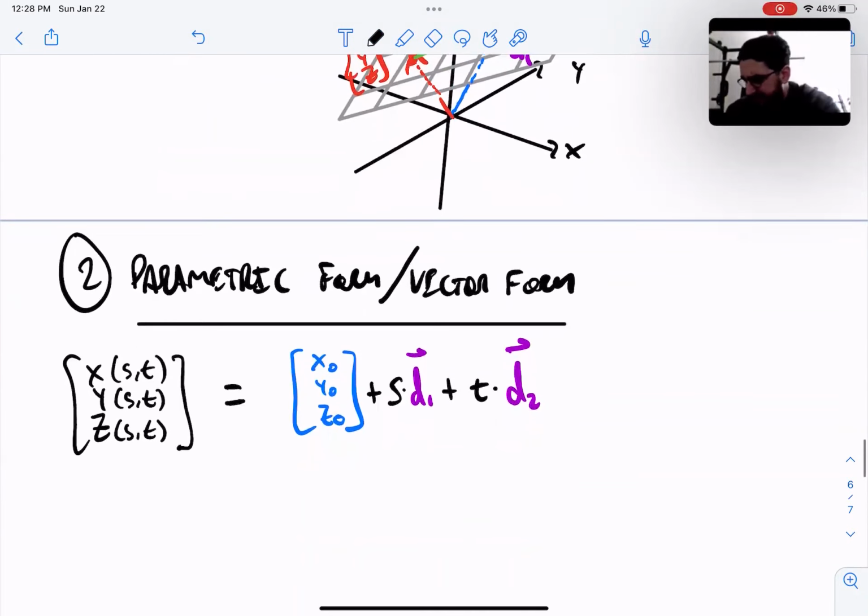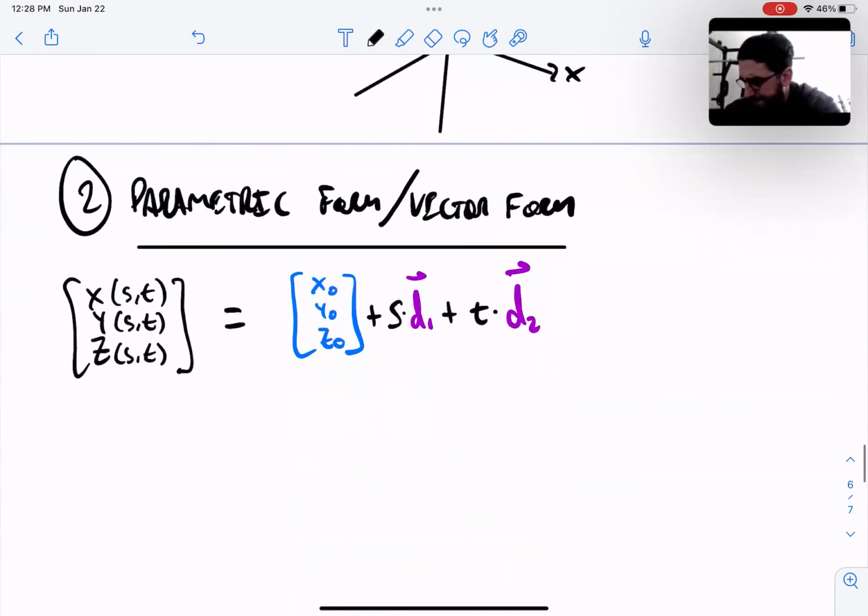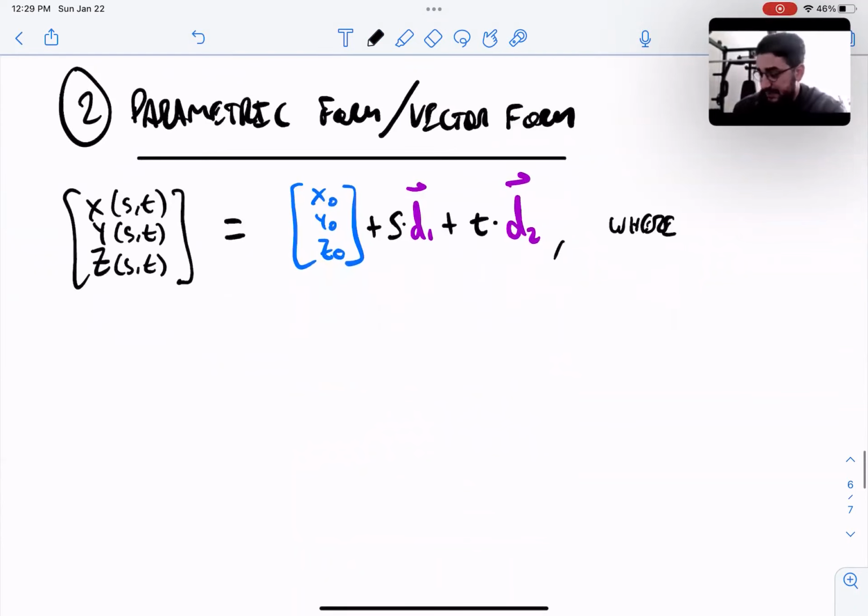Now, once again, just to say what this is, s and t are free to roam over all real numbers.